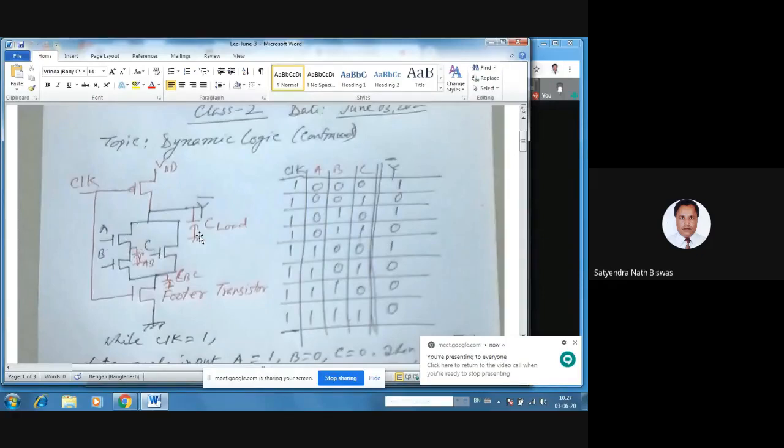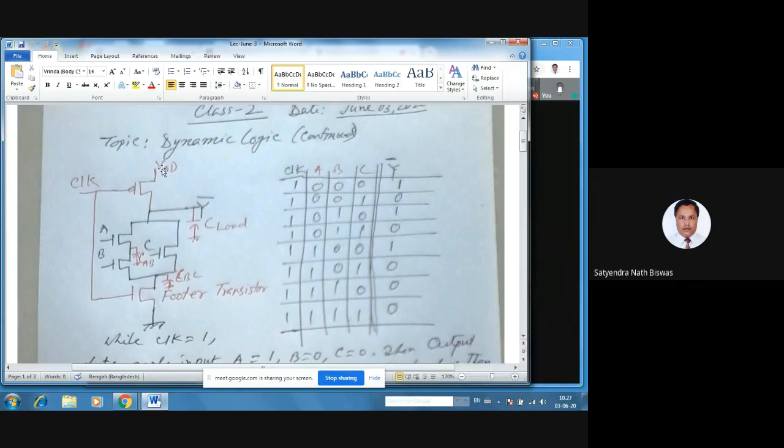In this case, the voltage of the load capacitor will again be discharged through A and will charge CAB. Initially, the voltage at the load capacitance was full VDD, let's say 1.2 volts, and the first time it discharges and charges CAB, the voltage drops.